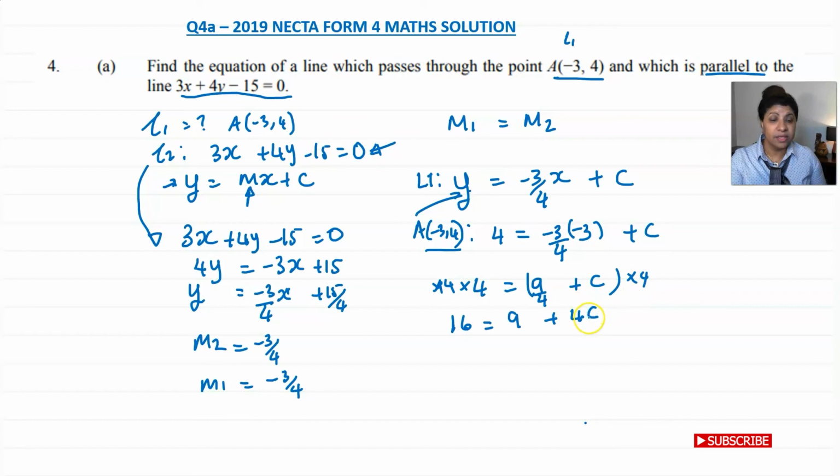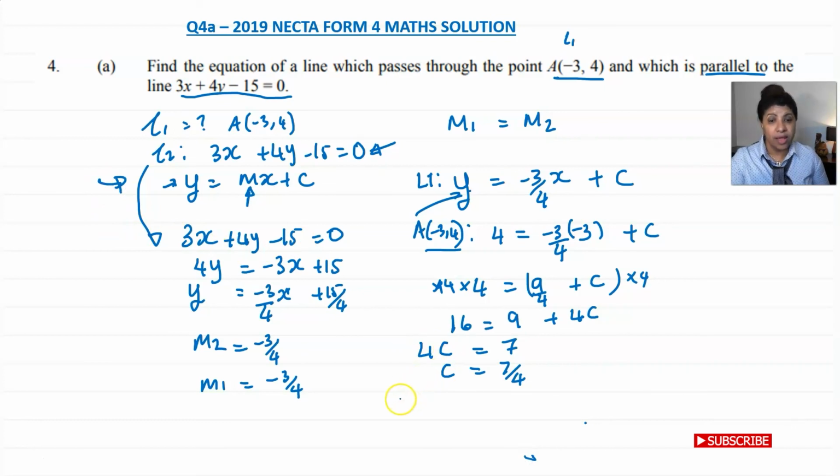So we are looking for c here. We need to rearrange. So 4c is equal to 16 take away 9, which is 7. This means c is equal to 7/4. So now we have the gradient for line 1, and we also have the y-intercept for line 1. We can put them in and write them in this form.